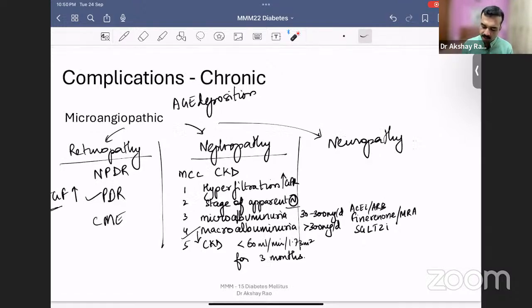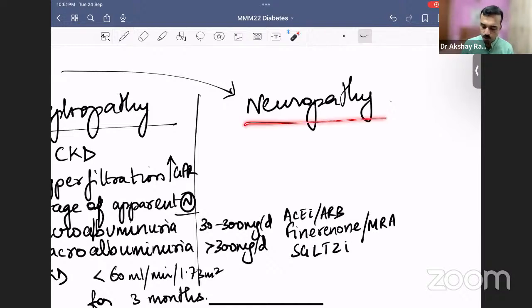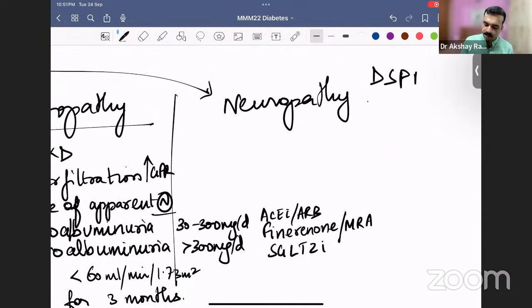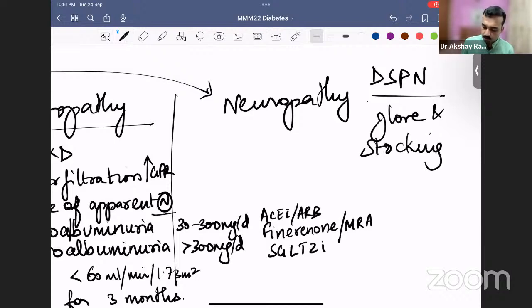And then you can have neuropathy. Neuropathy can be peripheral neuropathy, autonomic neuropathy, or cranial neuropathy. The most common form of peripheral neuropathy is distal symmetric polyneuropathy, DSPN. They'll have a glove and stocking distribution of deficits, mainly stocking first.